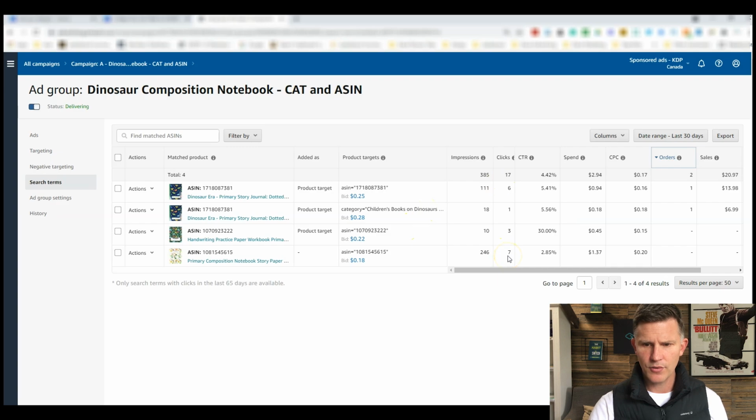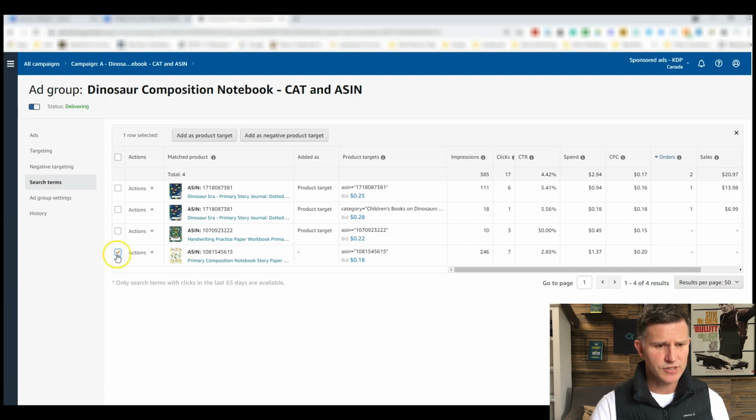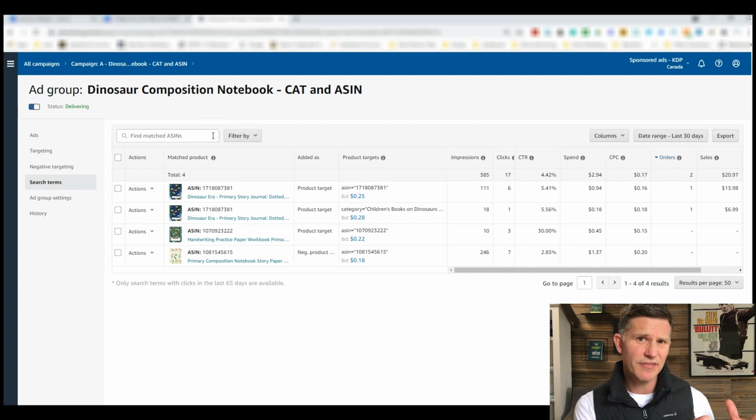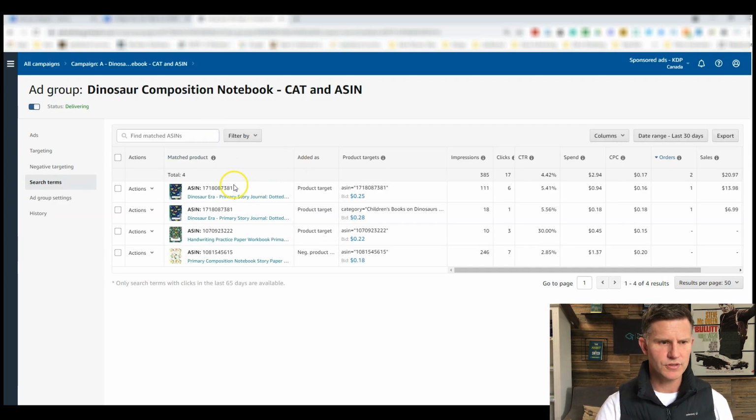There's clicks here. So that's this book here. We've had 7 clicks and we spent but no conversion. So we want to negatively target this book. So we click there and we go add as a negative product target, meaning it won't chase after that book anymore to get any conversions. But given that this book has had 2 conversions, I'm going to go back.